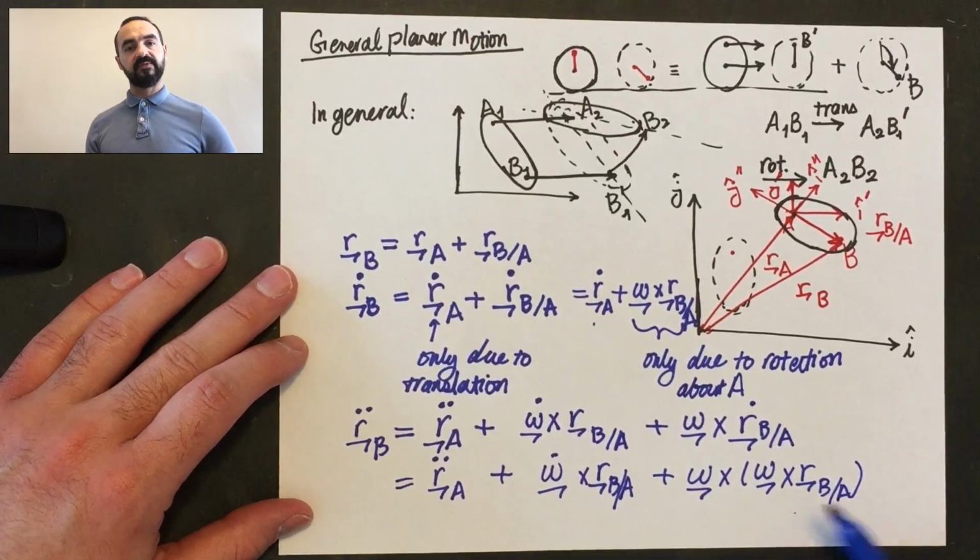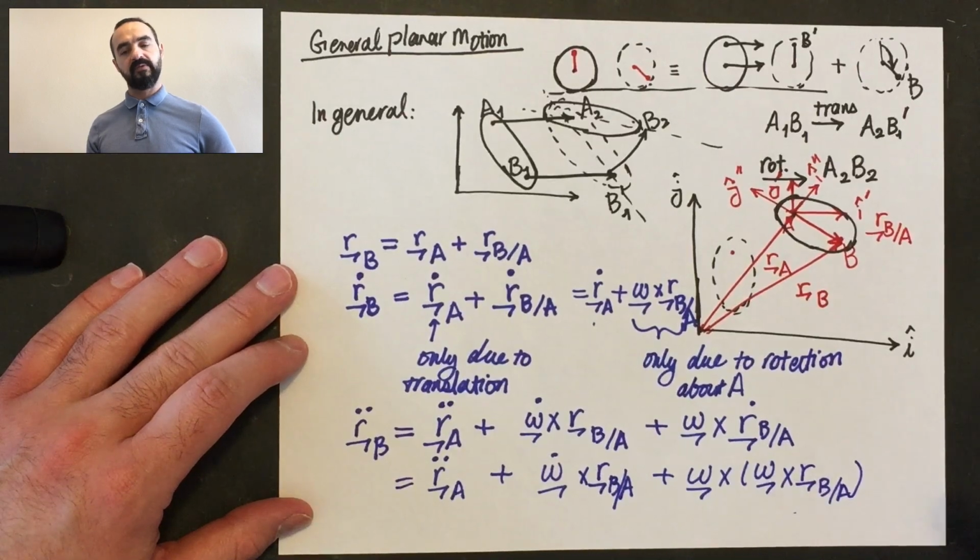Let's say I have two arbitrary vectors, A and B. A cross B is not the same as B cross A, because the result does not point in the same direction. So it's a vector. You need to first compute omega cross RB with respect to A, and then pre-cross multiply that by omega.